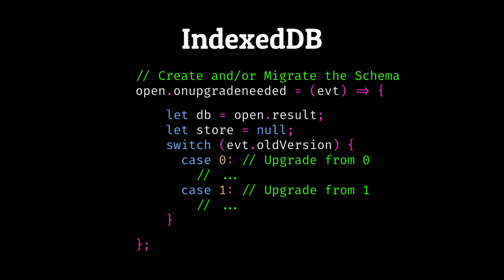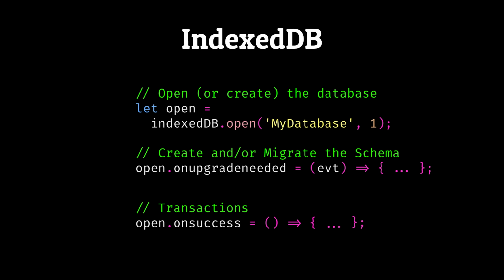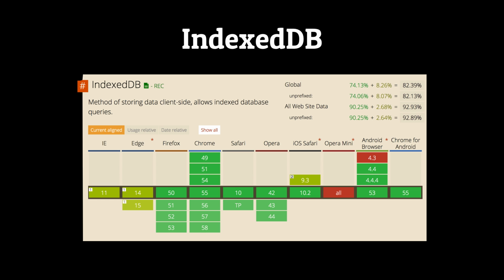They'll insert into the migration stack and then fall through all the way to the end, bringing them up to current. All of the rest of the work is handled by creating and executing transactions in the onSuccess hook. IndexedDB is supported in a very wide range of browsers, ranging from IE11 to the most recent several versions of all of the evergreen browsers.